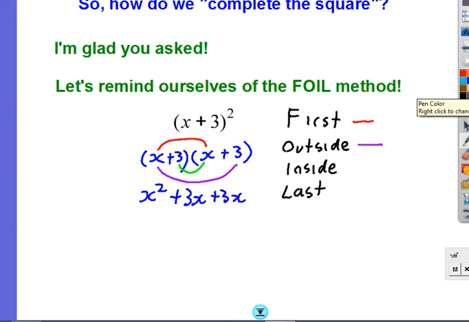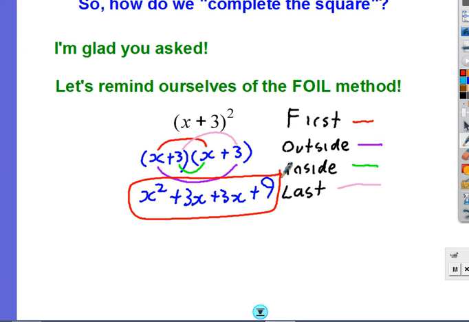Let's choose this color for that one and remind ourselves that green was the inside. So the last times the last, this again is an important one, 3 squared, which is 9.